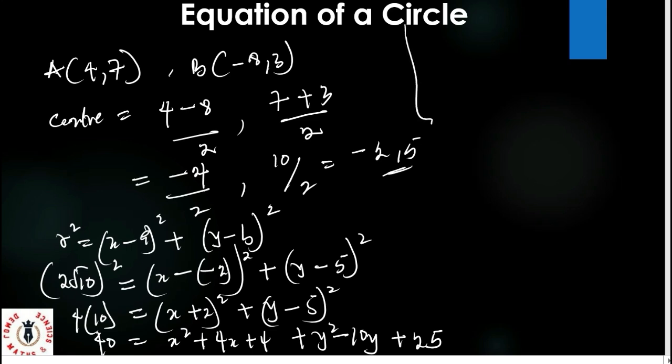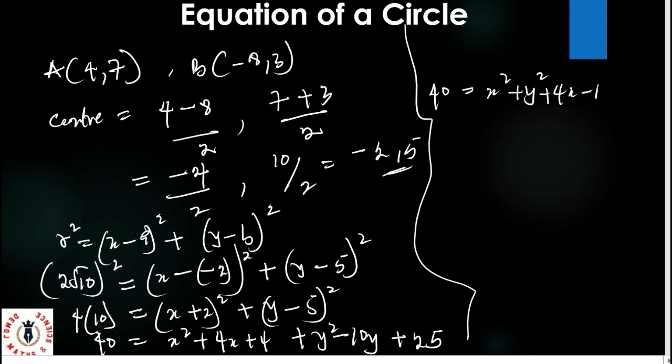Now, if I have to rearrange that, my 40 will be the same thing as x squared plus y squared plus 4x minus 10y plus 29.